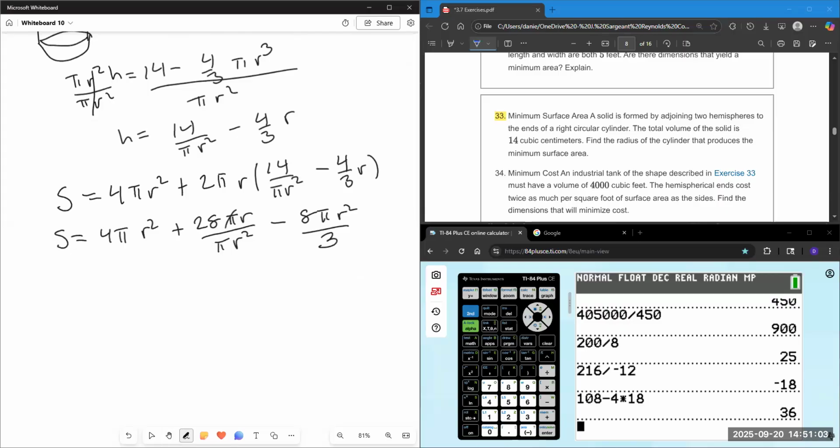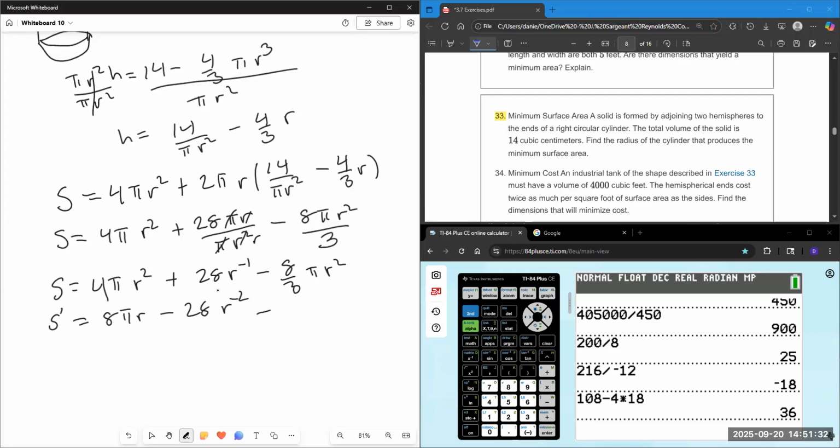So we'll reduce here, and I get S is 4 pi r squared plus 28 r to the negative first minus 8/3 pi r squared. So S prime is 8 pi r minus 28 r to the negative second minus 16/3 pi r.